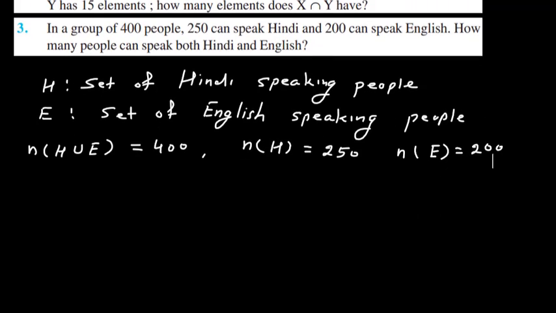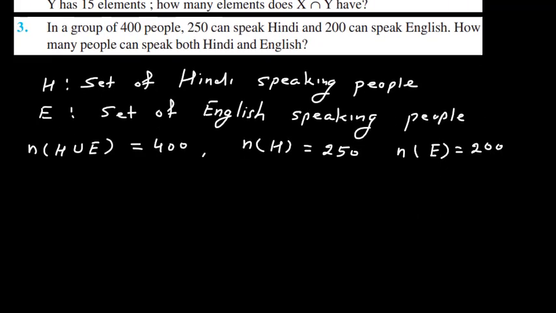Now I have to find how many people speak both the languages, meaning the number of Hindi intersection English. This is a question mark. So again you apply the formula. The formula is simple.